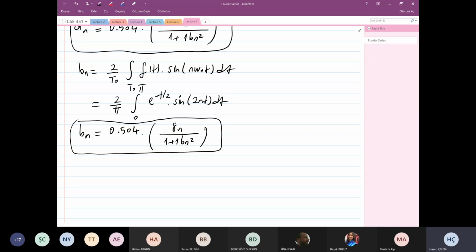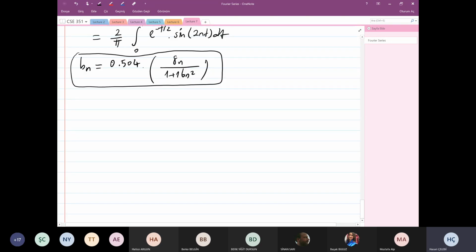Now we are ready to obtain the Fourier series of this signal.